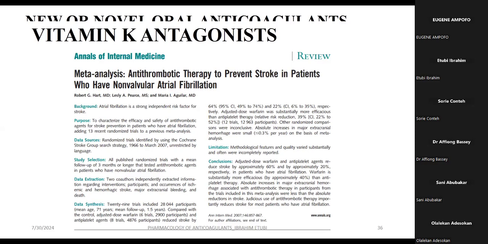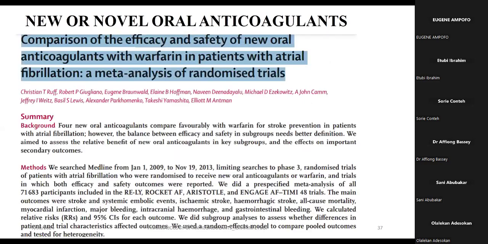Okay. Another study is on the novel oral anticoagulants, and it was a comparison of the efficacy and safety of the novel oral anticoagulants with warfarin in patients with atrial fibrillation.